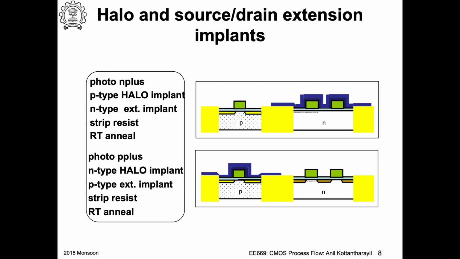The thing is that if I am taking the N-channel transistor implants for the source drain, I would use arsenic. Arsenic being heavy, I would create a lot more defects, amorphization of the silicon, and I need to anneal these defects.